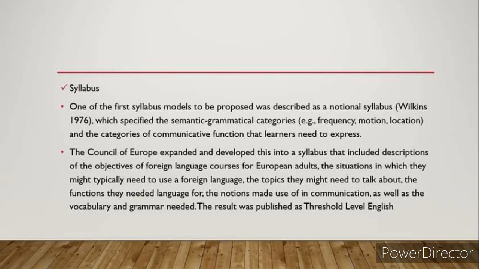The Council of Europe expanded and developed this into a syllabus that included a description of the objectives of varying language courses for adults: the situations in which they might typically need to use a foreign language, the topics they might need to talk about, the functions they needed language for, the notions, as well as the vocabulary and grammar needed. The result was published as Threshold Level English.